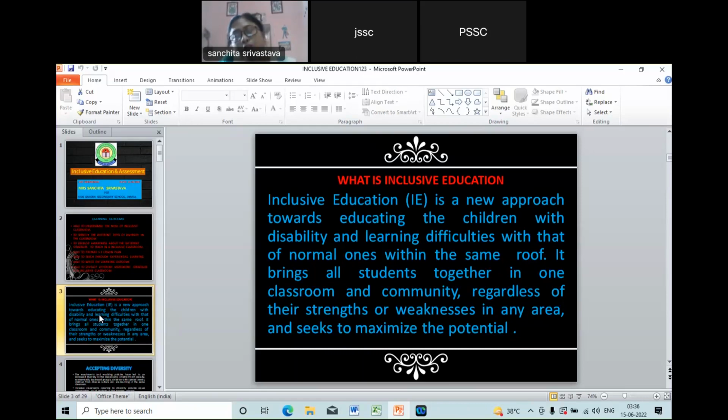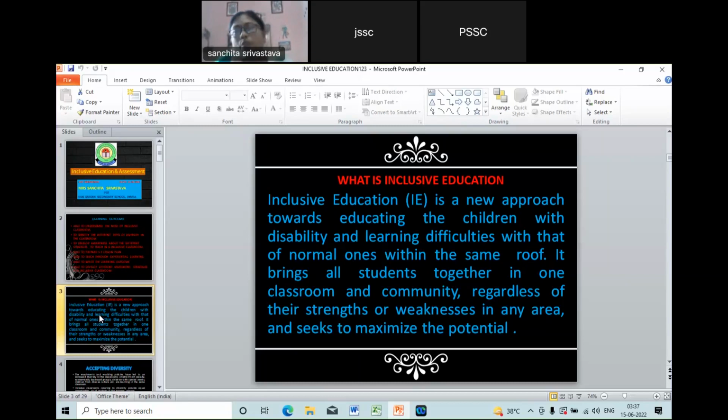If education is taken to those corners of society where it is very difficult for people to dream of education, there you can create a community bonding. Regardless of the strengths and weaknesses in any area, we see to the maximum potential. That means if we are educating everybody on a common platform, we can educate to a greater extent.